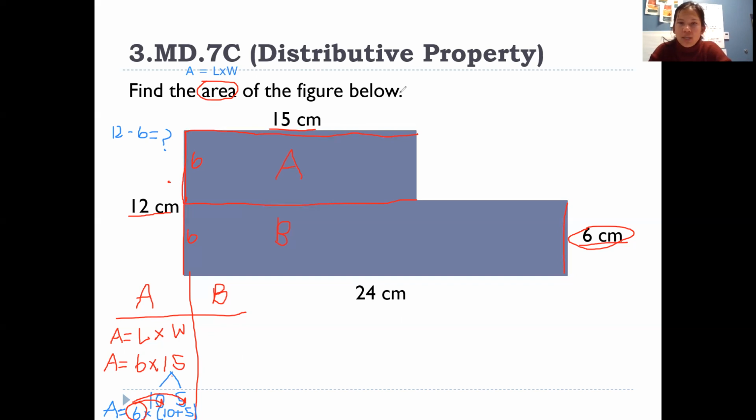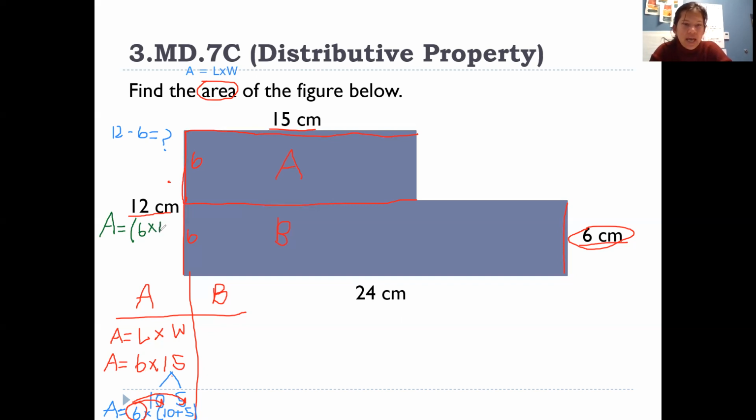Let's do it in green this time. Okay, so area equals 6 is the factor I'm distributing times, what is that first addend? That first addend is 10.